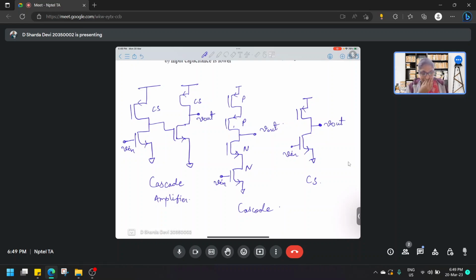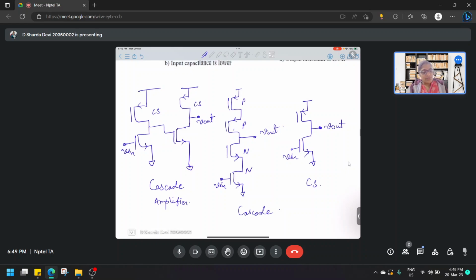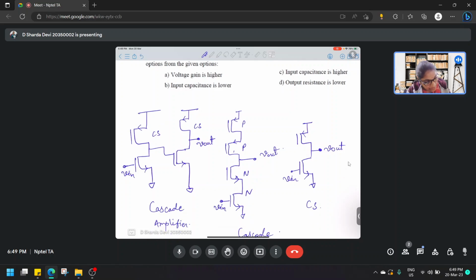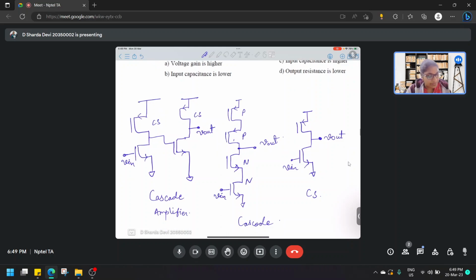So this is the CS that we have learned till now. After that, this is cascode and this is cascade. Looking at the circuit, we have to say what advantage we can get from this cascade amplifier. First of all, if you look at this cascade circuit very carefully, here we won't find any Miller capacitor.